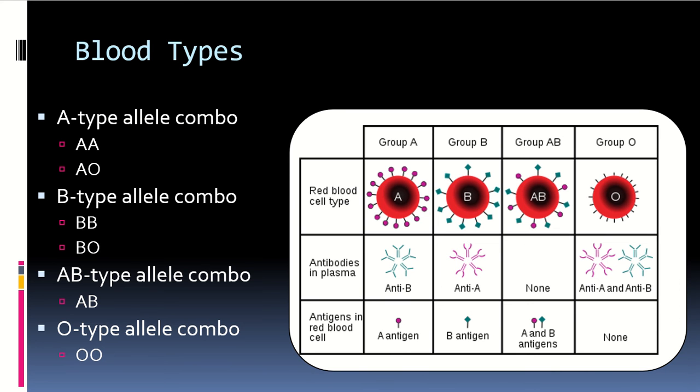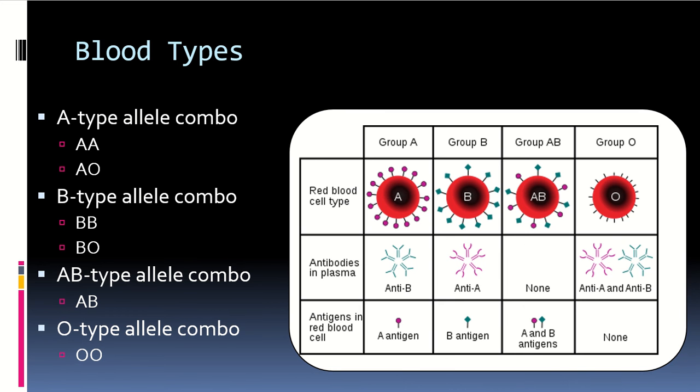O blood will therefore, if given a transfusion of A type blood or B type blood, not recognize those blood transfusions as safe for the body and will recognize them as foreign. Therefore, they would either form anti-A antibodies or anti-B antibodies, depending on what was transfused into them.